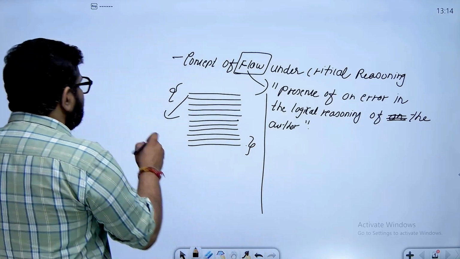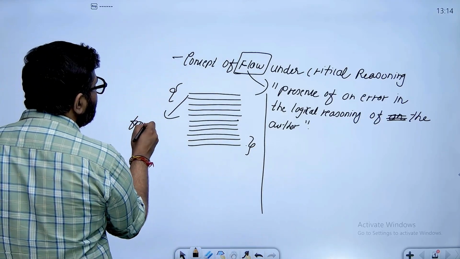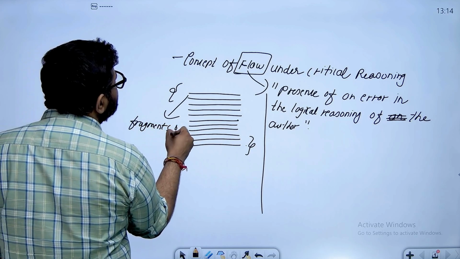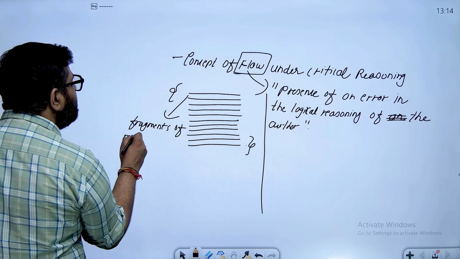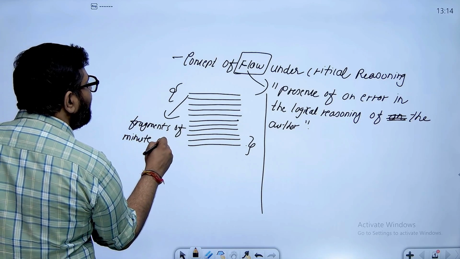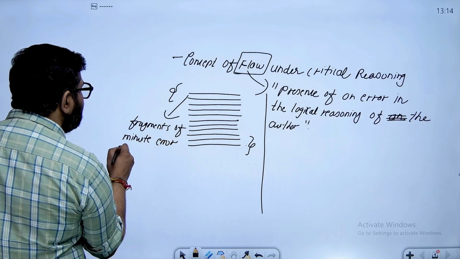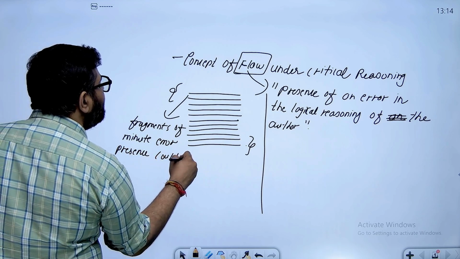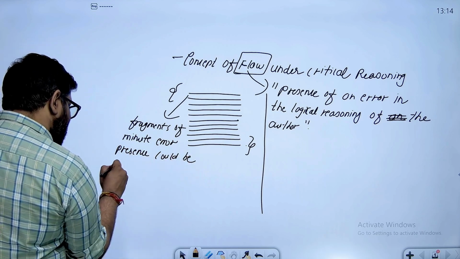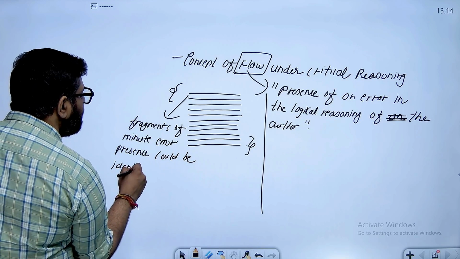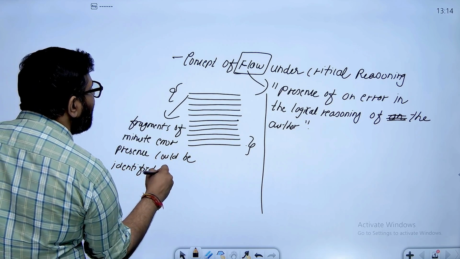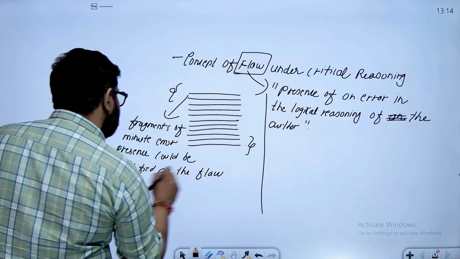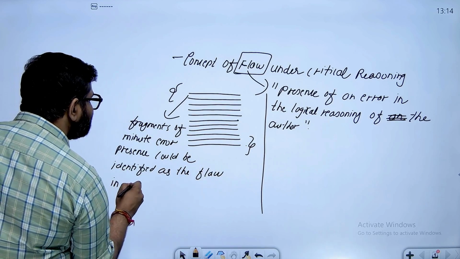And these fragments of minute error presence could be identified as the flaw in passages.